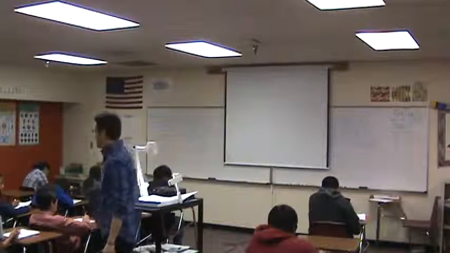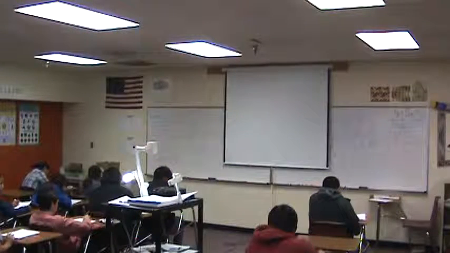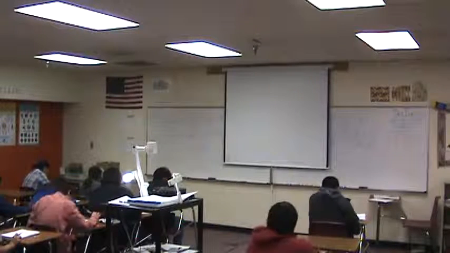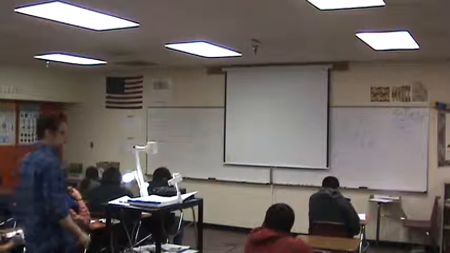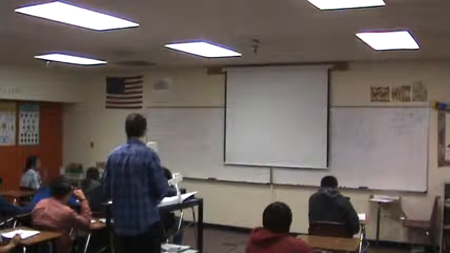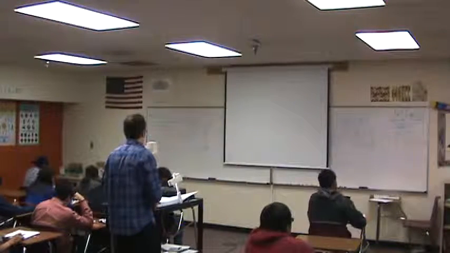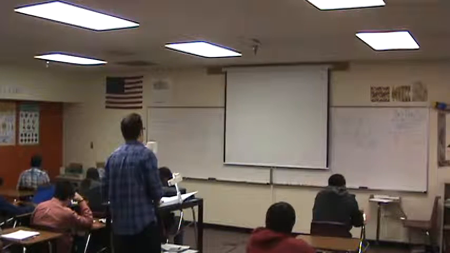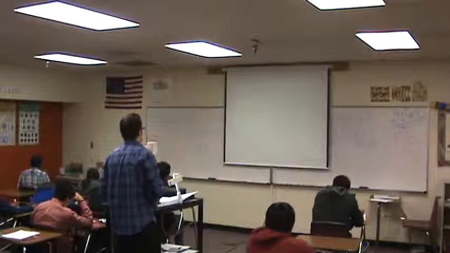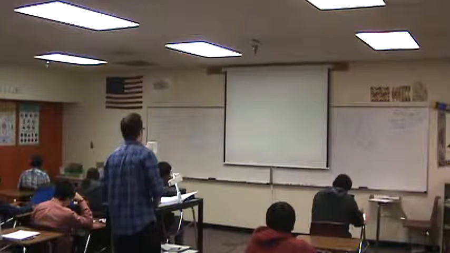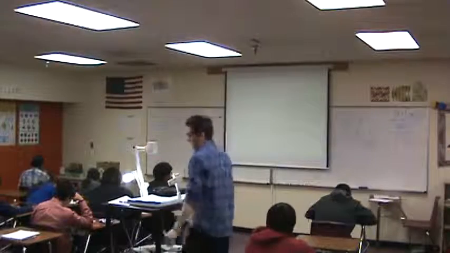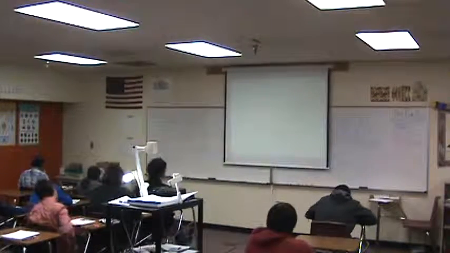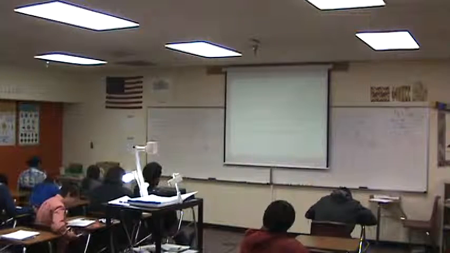All right, look at 5A. I want you guys to answer 5A. What are those two missing angles? Don't say it out loud, please. Just call me over when you get the answer.